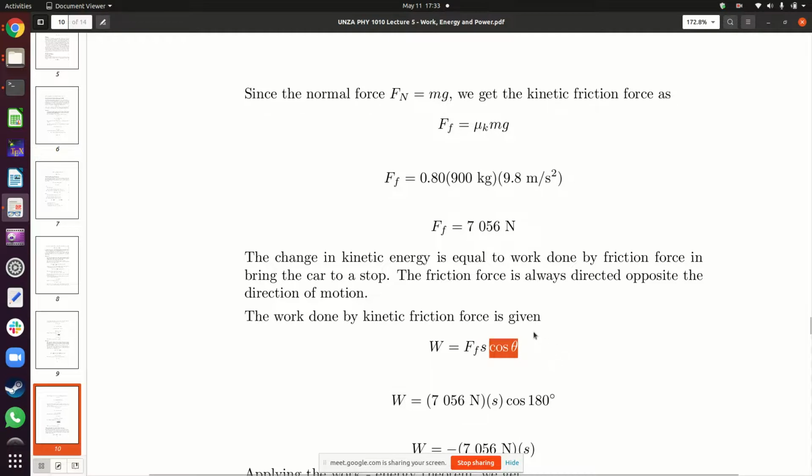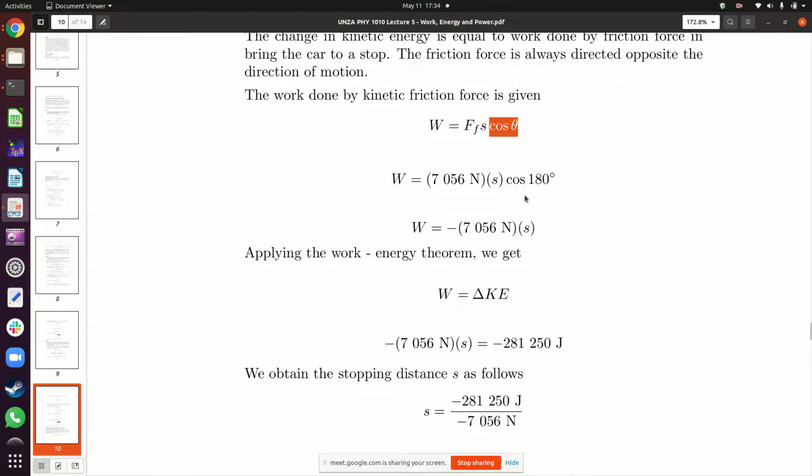And the angle between the friction and the displacement is 180 degrees, since friction always opposes motion. So the work done will be 7,056 newtons multiplied by the displacement multiplied by the cosine of 180. So that is going to result in a negative. So we end up having the work done as minus 7,056 newtons multiplied by s.